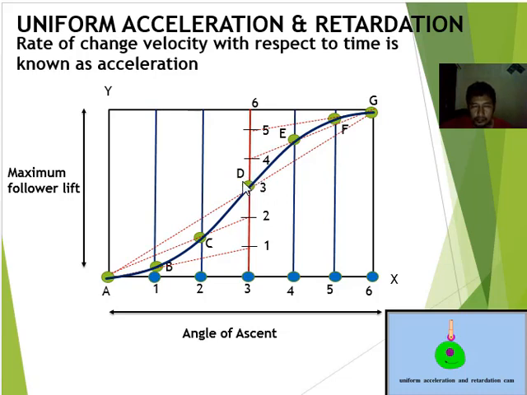For parts number 4, 5 and 6, you can draw from the G point. From the A point, we can call this acceleration. From the G point, we can say the retardation.